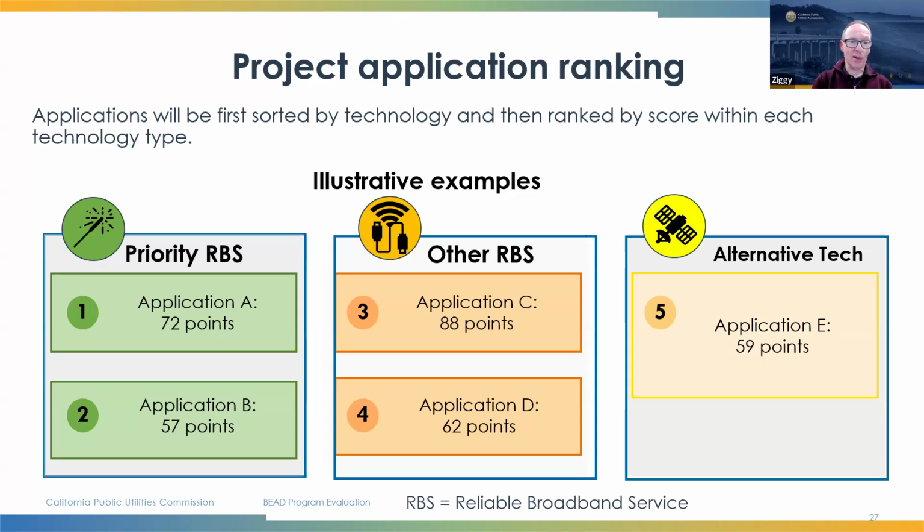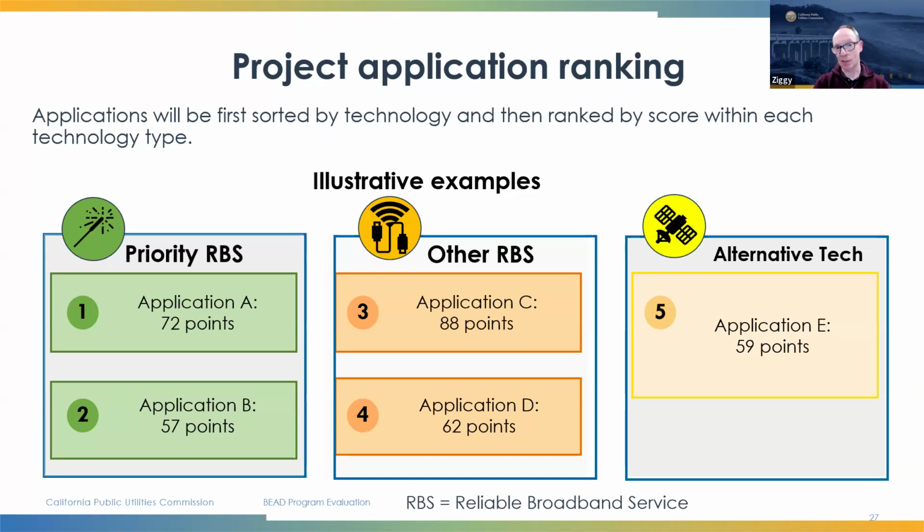If neither of those two priority broadband applications are able to meet the area budget, we then move into reliable broadband service. Then we will look at applications C and D. First, C: is it within budget?